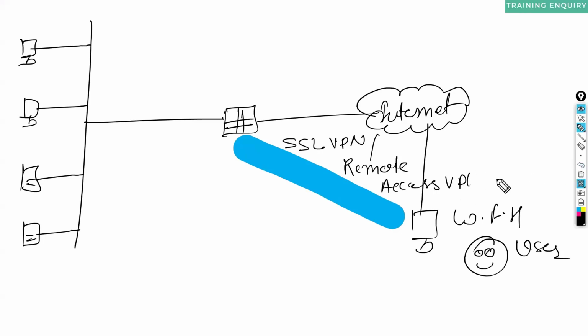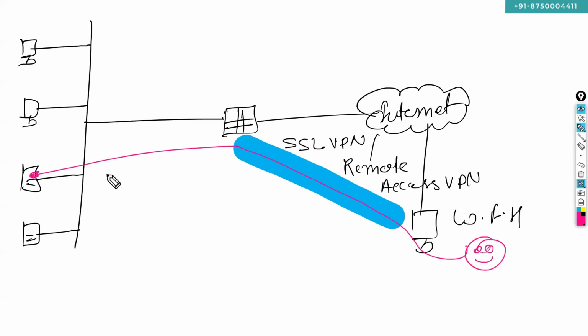With the help of SSL VPN or remote access VPN, we can enable the work from home user to access the internal network of a company in a secure way. So this is the purpose of your remote access VPN.